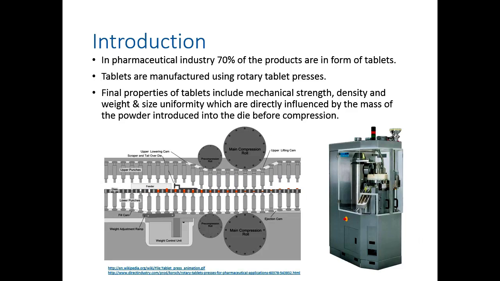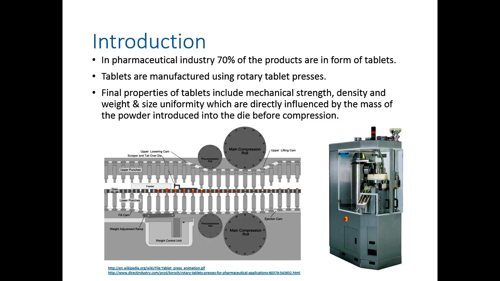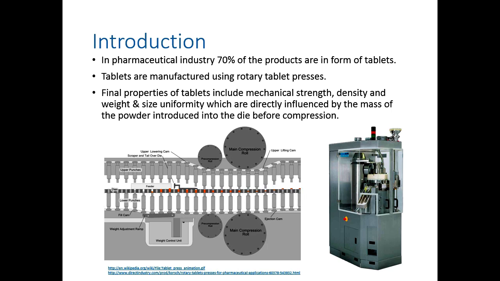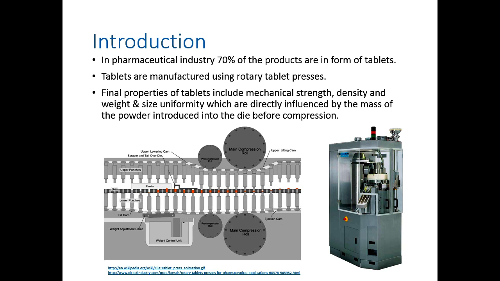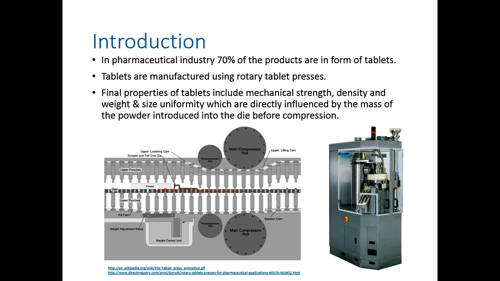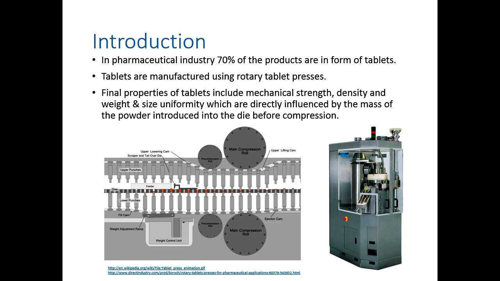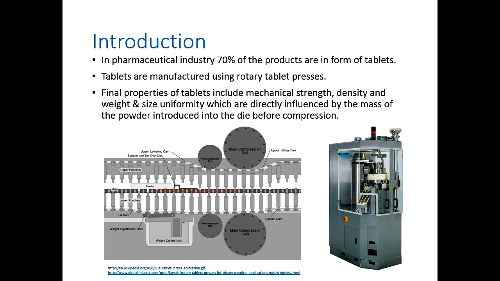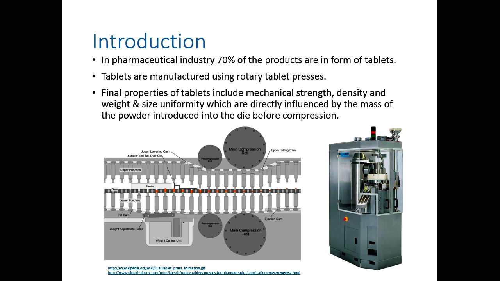Just to give you an example, in the pharmaceutical industry, 70% of the products are in forms of tablets, where they are manufactured in rotary tablet presses, such as the one that we see in the image. Some of the final properties of the tablets are the mechanical strength, the density of the tablet, or the weight and size uniformity.